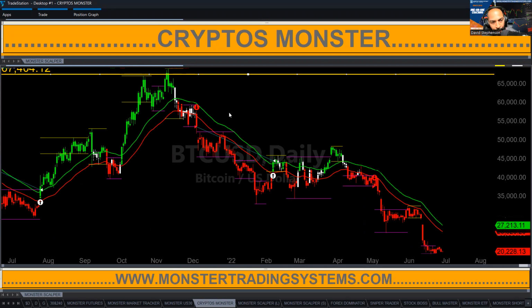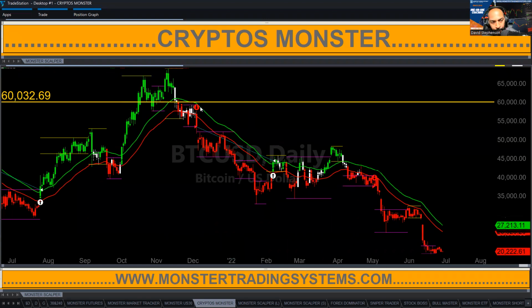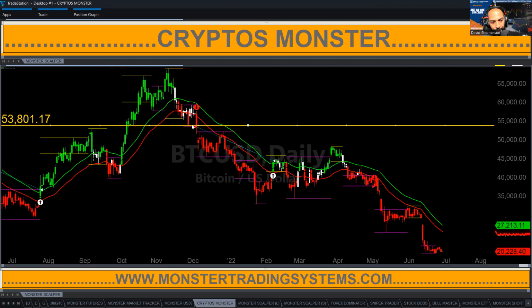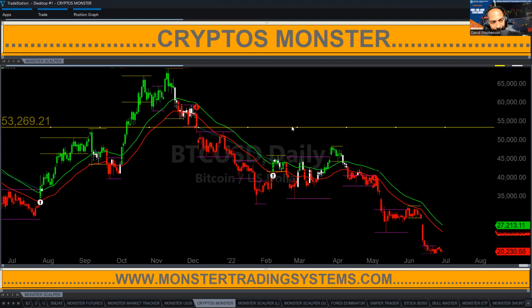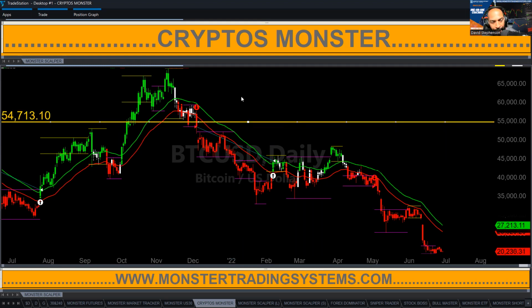Those traders that bought at 60,000, right here, thought the price would go higher. Those traders that bought, and look what the price is doing. The price is breaking support, red candles. Those traders that bought at 50,000, 55,000, thought the price would go higher.